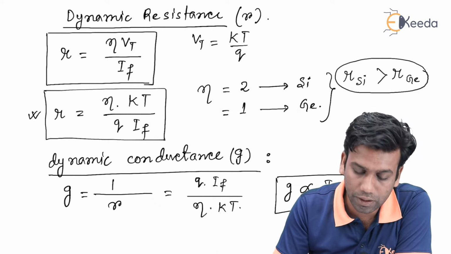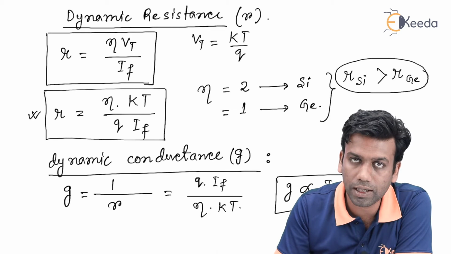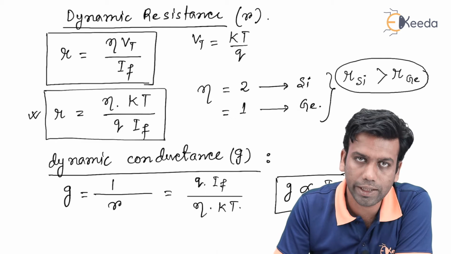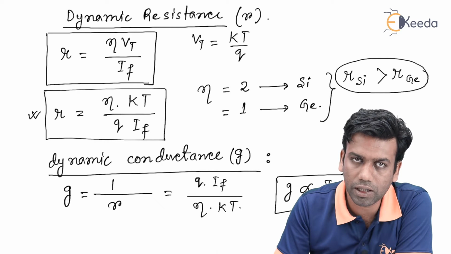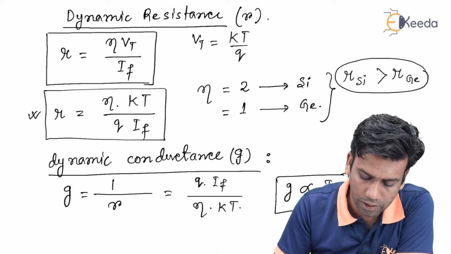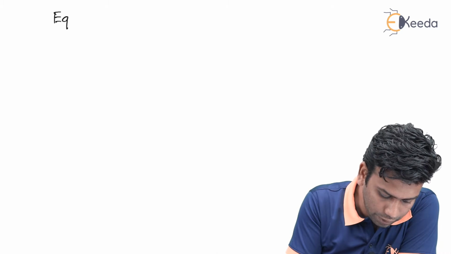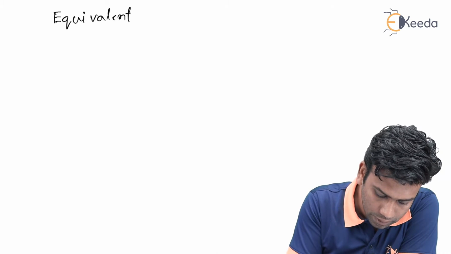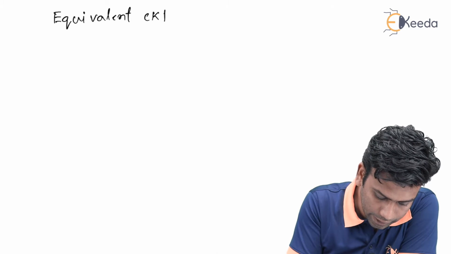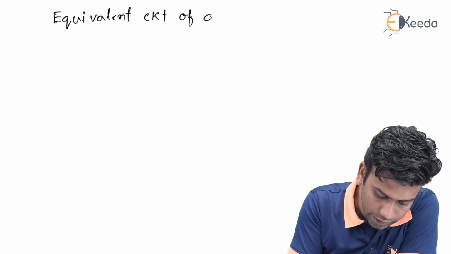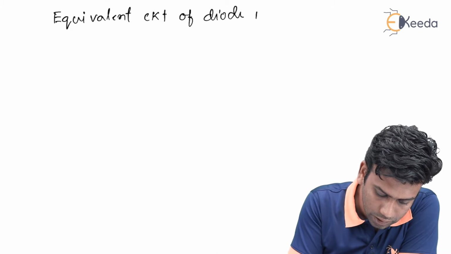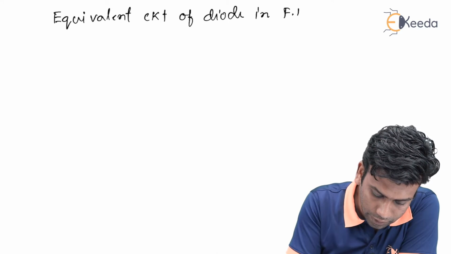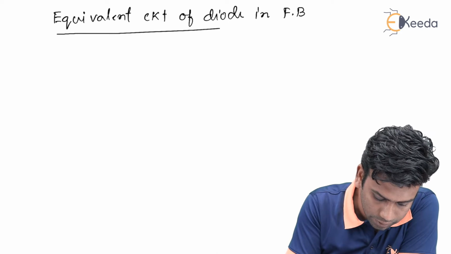Now, if we want to draw the equivalent circuit of the diode in the two different conditions, the forward bias condition and the reverse bias condition, let us first take the equivalent circuit of the diode in forward bias condition.